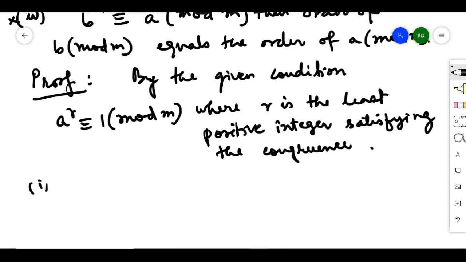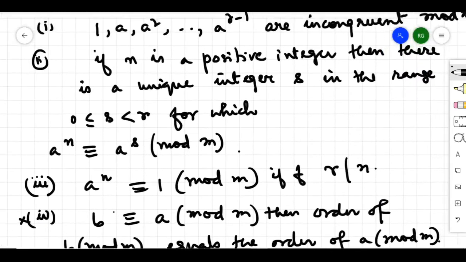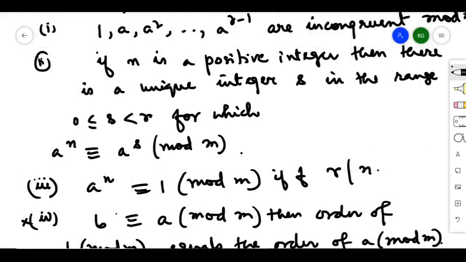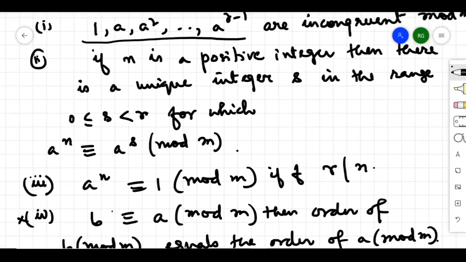Now let us see number 1. We are to show that 1, a square, up to a to the power r minus 1, these r integers, are incongruent mod m. So let us take on the contrary that any two of them are congruent.